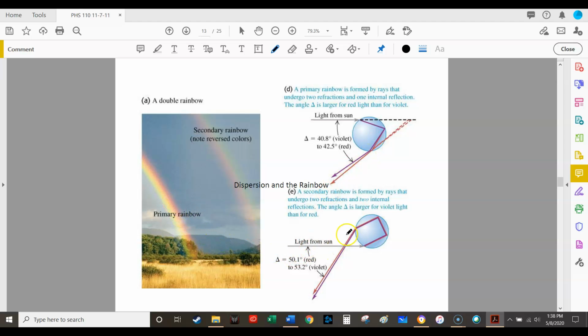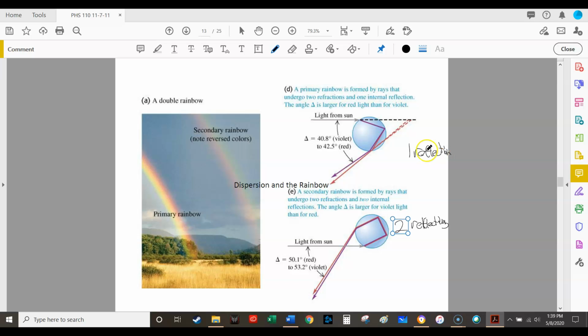With this dim one, the light is coming in, refracting and dispersing into its different colors. It is then hitting one side and then another side, and then is refracted back out. So there's two reflections here. And this is one reflection.